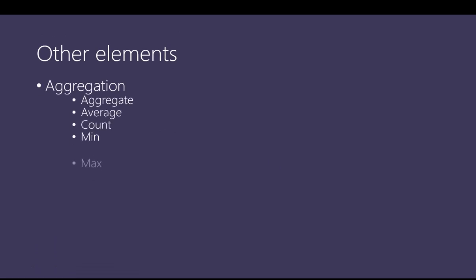Now guys, because the time is limited and there are so many things, lambda expressions can be used with aggregation. There are groupings. You can do aggregate, you can do average, you can do count, minimum, maximum, sum within your input container, list or array, whatever. Aggregate means to sum up.